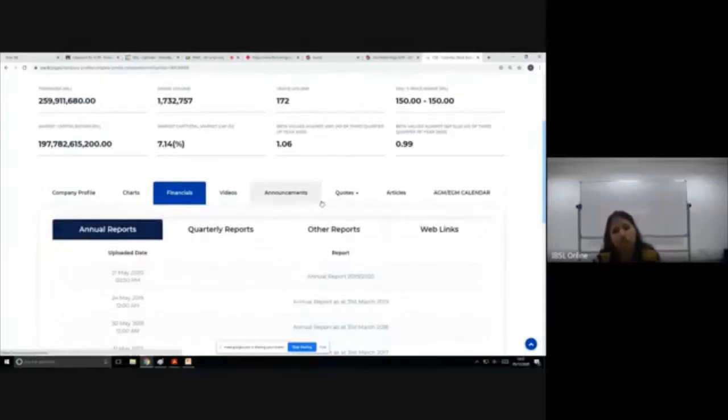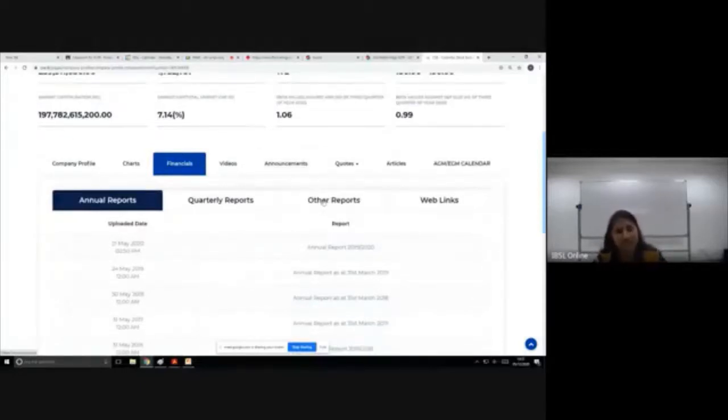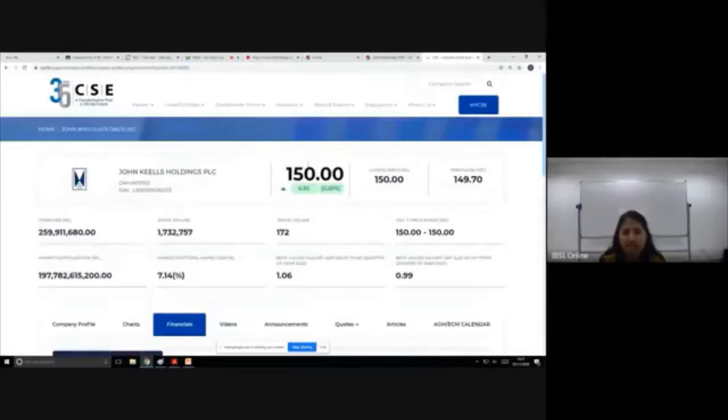everything is available. So using this information, the research companies will study the current position of the company, and they will give some forecast for the future. Look here, this company is currently trading at 150. In the future, this company is capable enough to go to 170 or 180. That kind of prediction can be done by them.